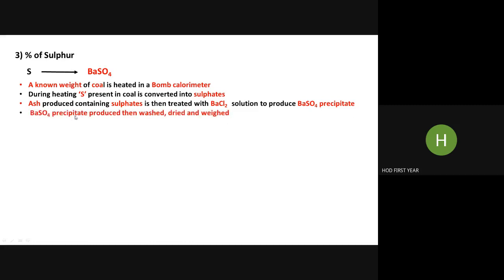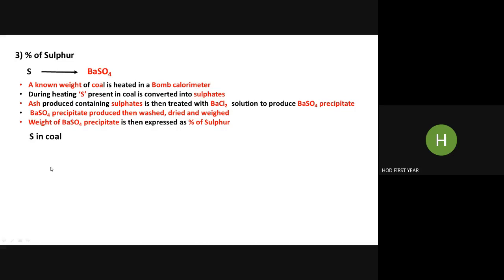That precipitate produced is then washed thoroughly, dried and accurately weighed without wasting. Okay, so that weight is very important. You should not waste it during these steps of washing, drying, etc. Weight of BaSO4 precipitate is then expressed as percentage of sulfur.